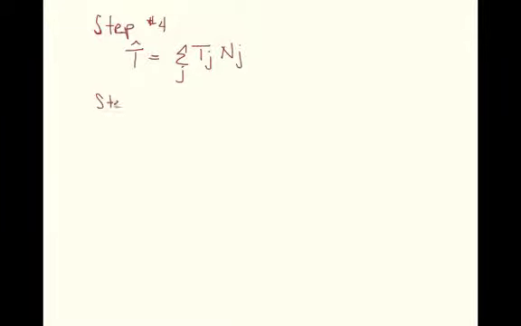Step 5. We're going to say that the Wi is equal to Nj. So this is the Galerkin approximation that gives the Galerkin weighted residual its name.